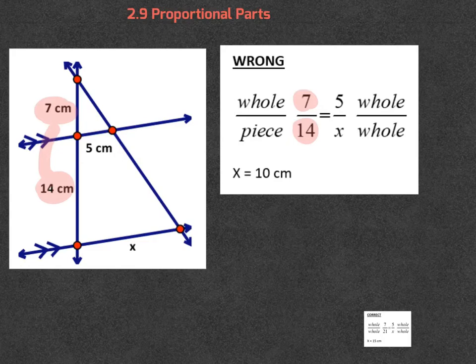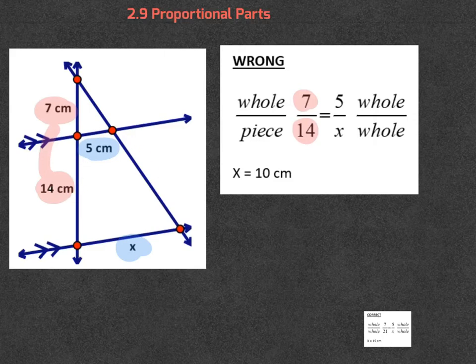And then what the student will do is go, oh, that will be the same as 5 is to x. Now I need you to understand that we just spent time talking about what is proportional. This is proportional to this, as this is proportional to this. That would be true. Or this is proportional across.